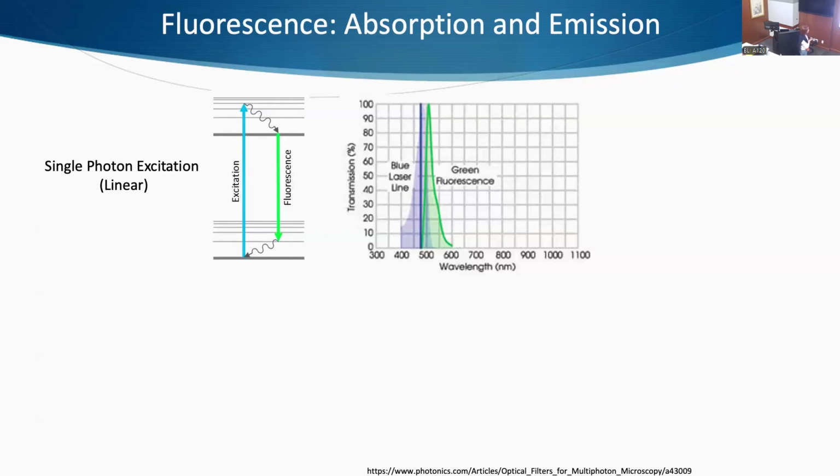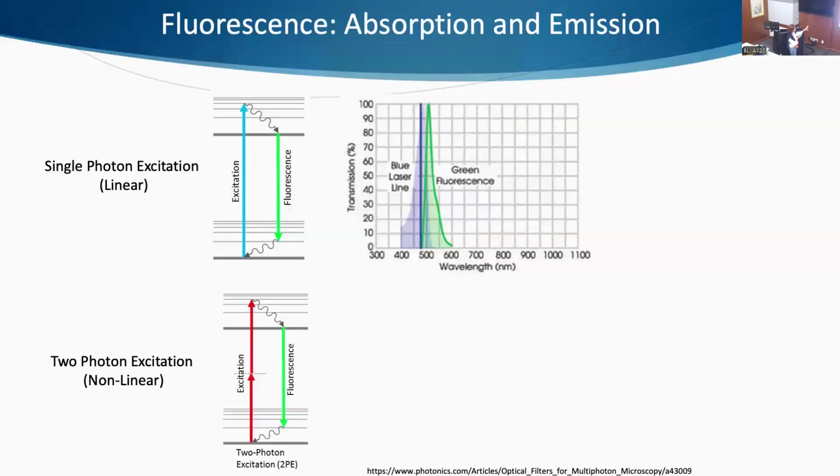So in a single photon excitation, I would have liked a laser pointer here, this doesn't work well, you have this excitation with a single photon that's characterized by a certain energy, right? When you have two photons involved, the energy of each photon is half of that excitation.